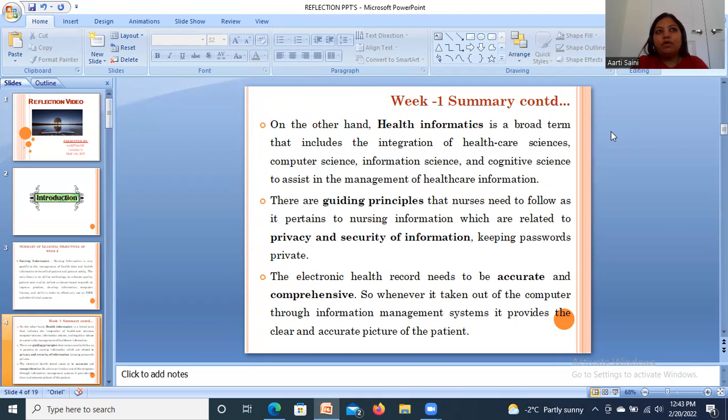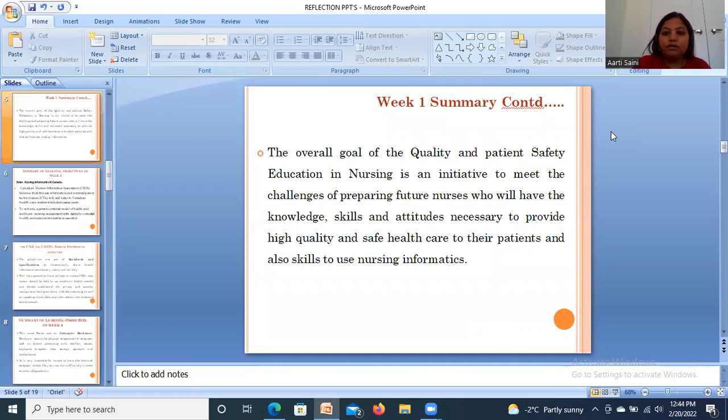It is very important to keep the information of the patient private and secure, such as keeping the passwords private, and also the guidelines for maintaining electronic records are that they must be accurate and comprehensive, so that whenever it is taken out of the computer through the information management system, it provides a clear and accurate picture of the patient.